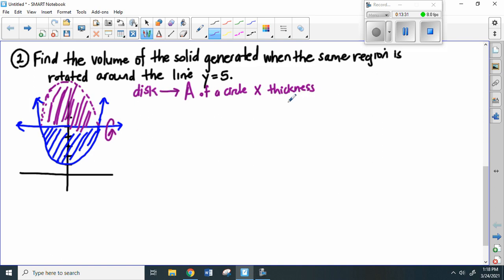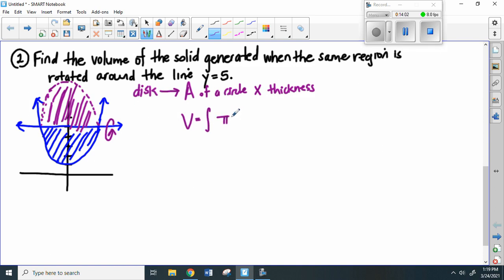And that thickness is going to be your dx or your dy, right? But it's that area of the circle that makes up the formula for the volume, okay? And so remember, let me give myself a little bit more space. The volume is going to come from integrating that area times the thickness.